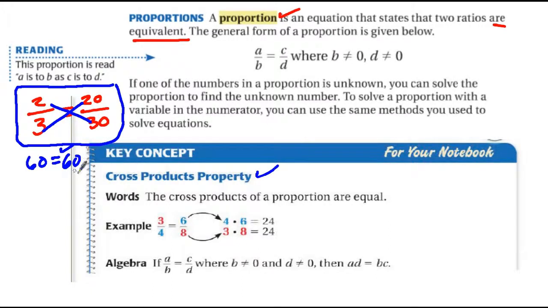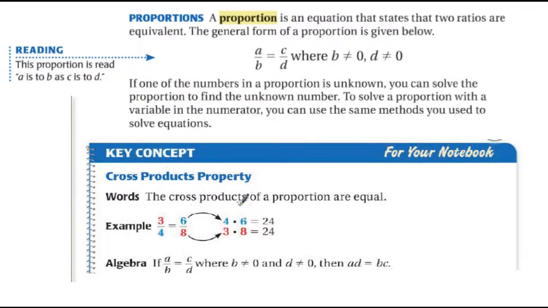Alright, so let's talk a little bit more about this cross multiplication. Cross multiplication is to do cross products of a proportion that are equal. So here you have 3/4 equal to 6/8, and we want to see if it's proportional, if it's equal.